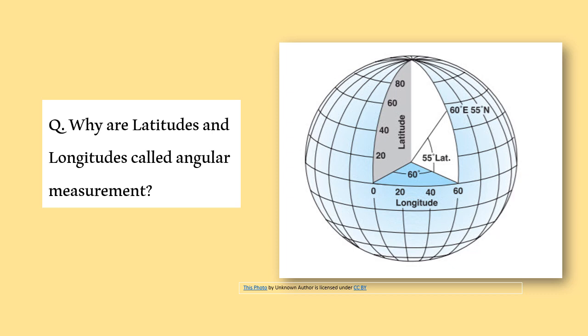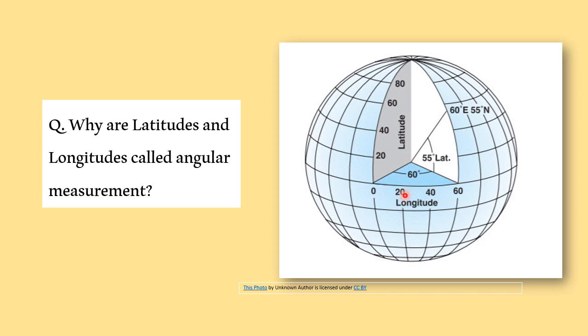Now, latitudes and longitudes are called angular measurement. Why are they called angular measurement? Because if you observe here, this is from the center of the Earth. If this is the 0 degree line we are considering, this is the x-axis and this is your y-axis. On the basis of that, if you are taking a 20-degree angle here, this will be your 20-degree longitude, right?